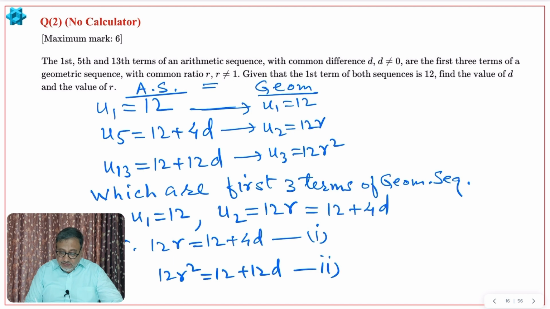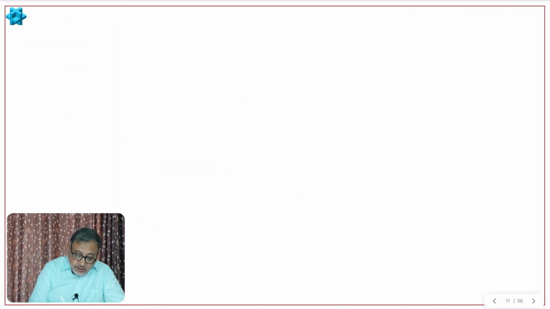I think we can divide the first and second equation both. Divide first equation by 4 and second by 12.